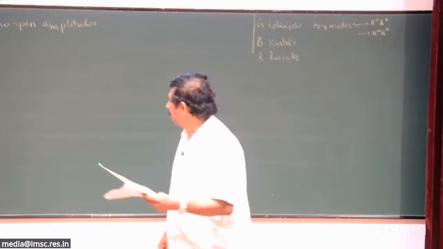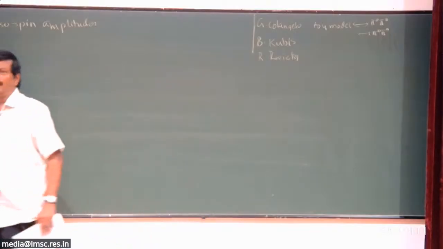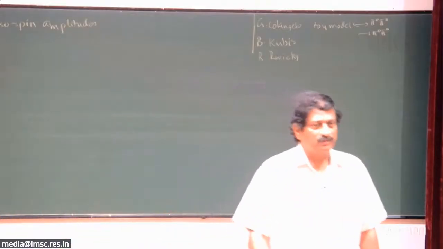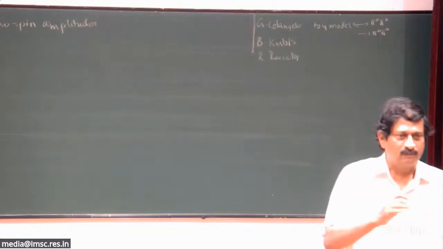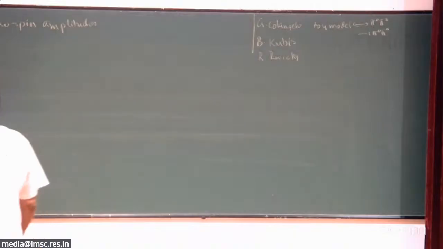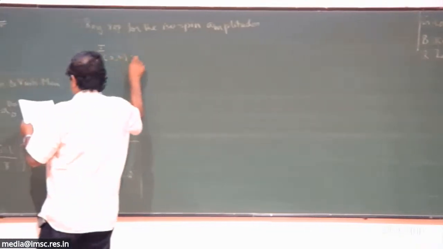Okay, so I'm going to write down the result coming from an analogous treatment of the isospin amplitudes. I will not go through the intermediate steps, but just give you the final answer, what the amplitude looks like. So the amplitude T_I, the set of isospin amplitudes, looks like this.